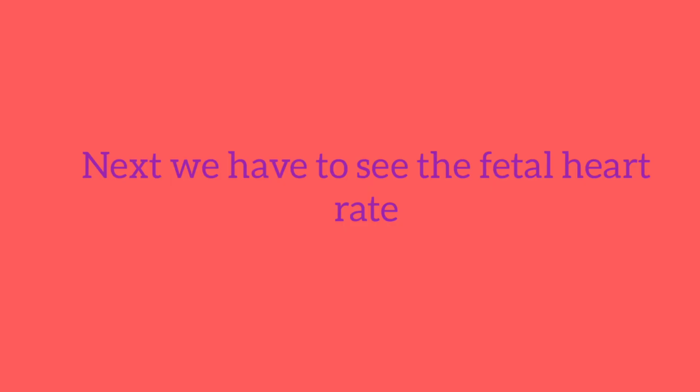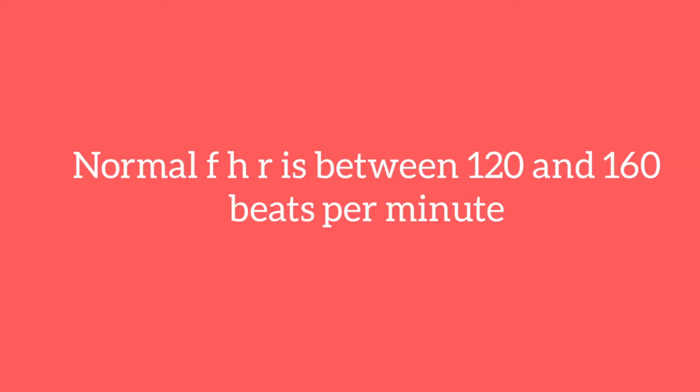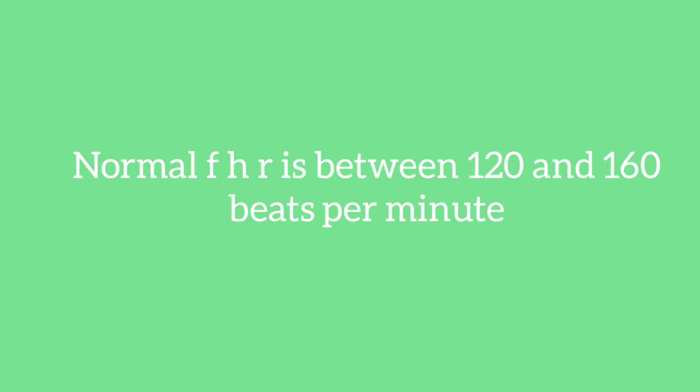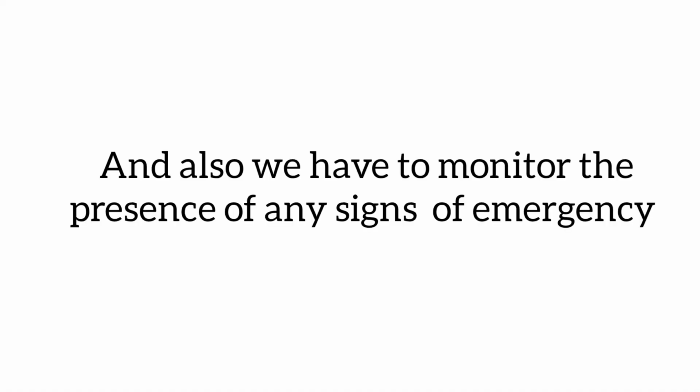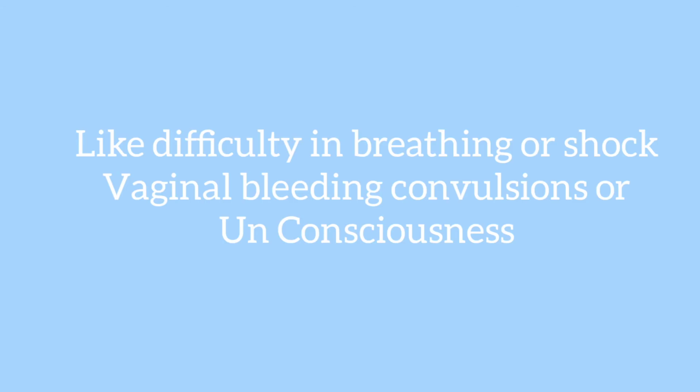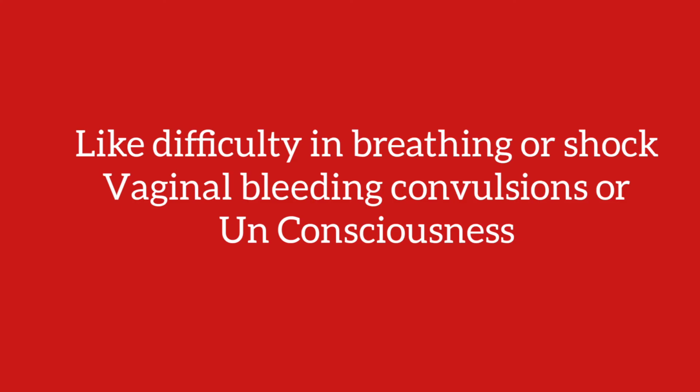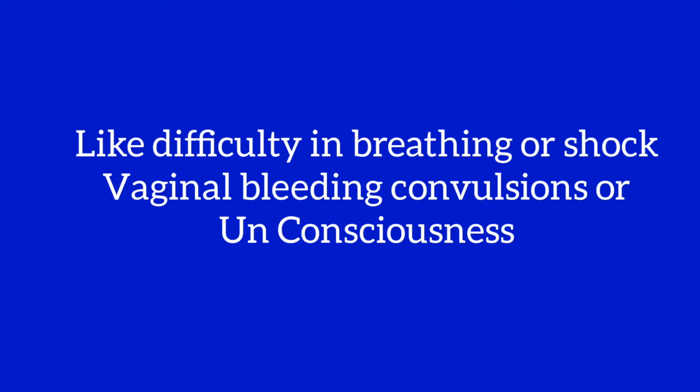Next, we check the fetal heart rate. Normal FHR is between 120 and 160 beats per minute. You already know about the FHR very well. Okay. We also have to monitor for any signs of an emergency like difficulty in breathing or shock, vaginal bleeding, convulsions or unconsciousness.